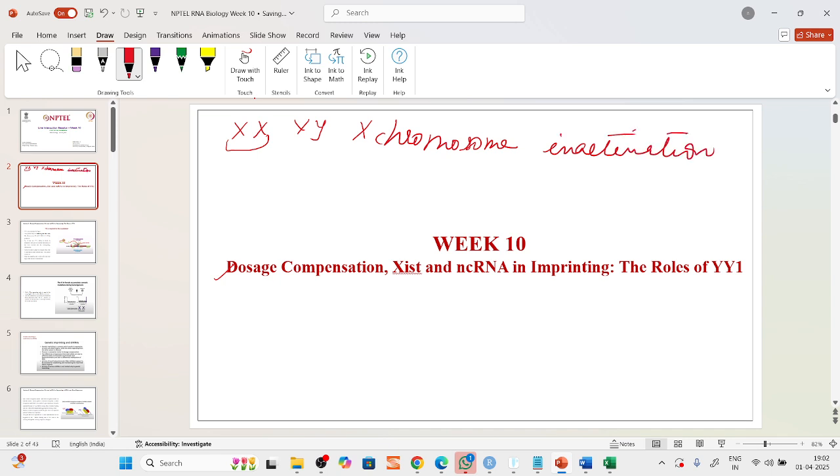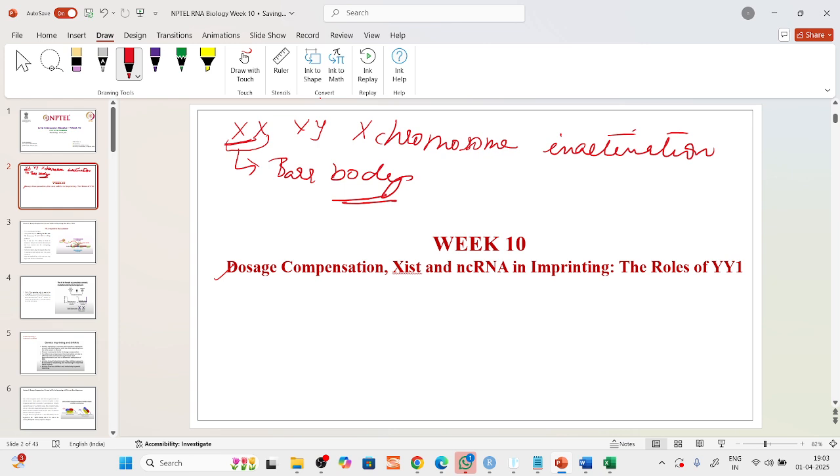So what is the meaning of X chromosome inactivation? X chromosome inactivation means that one of the X chromosomes of the female gets inactivated and it gets converted to a bar body. Okay. So one of the X chromosomes is inactivated and it gets converted to a bar body.